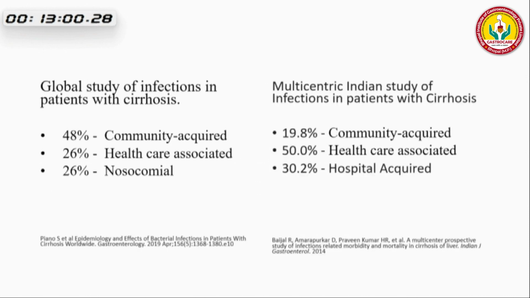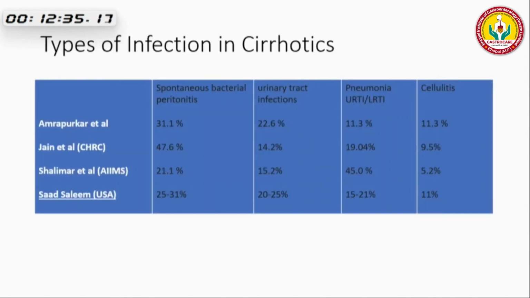If you look at the source of infections, global studies suggest that 48% of these infections are community acquired, 26% are healthcare associated, and 26% are nosocomial. But Indian multicentric studies suggested that about 50% are healthcare associated infections, another 30% are hospital acquired, and only about 20% are community acquired infections.